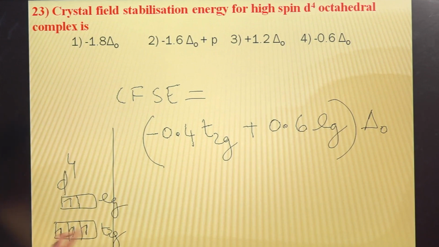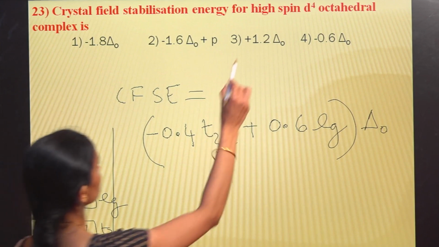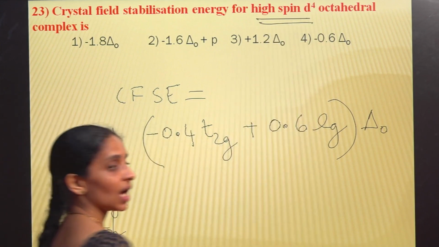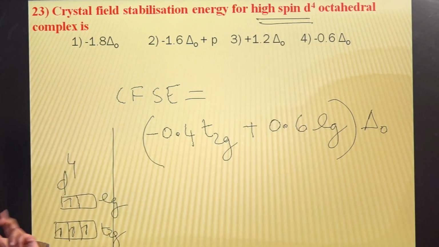Why don't you carry out pairing here? Because it is mentioned that the complex is a high spin complex. If it is mentioned as a high spin complex, the spins must be free, pairing should not happen. So here I did not pair, and I have written the 4th electron here. So this is the configuration T2G3 and Eg1.